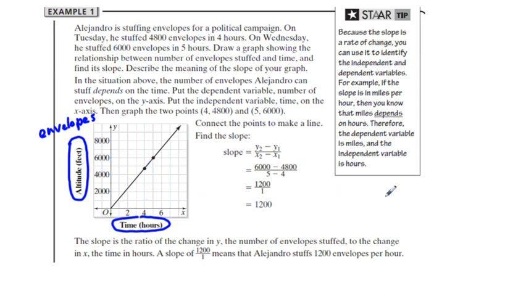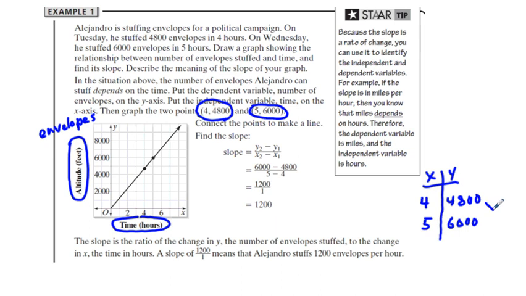And so another thing we did in lesson 18 is I showed you this little format here. You can just make a table XY and put the points here in the table. You have 4, comma 4800. Okay, and then we have in 5 hours you'll have 6,000.